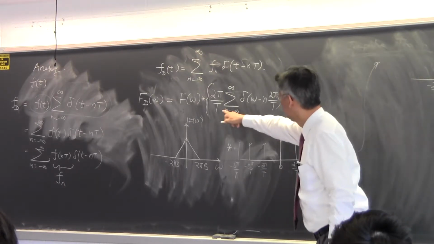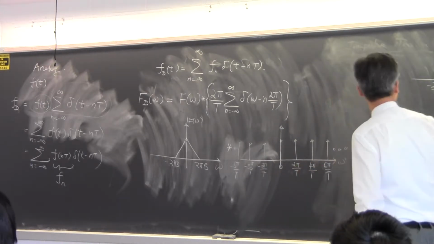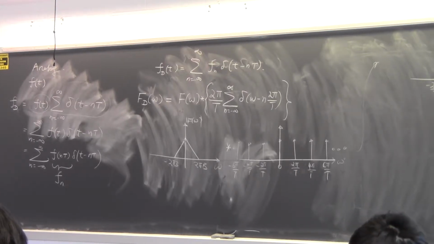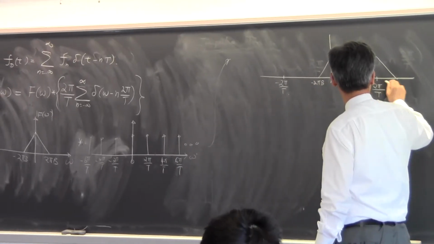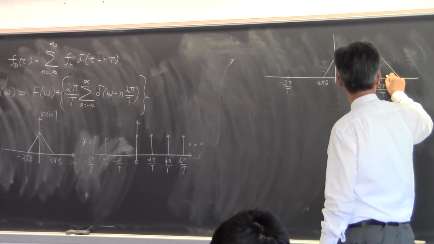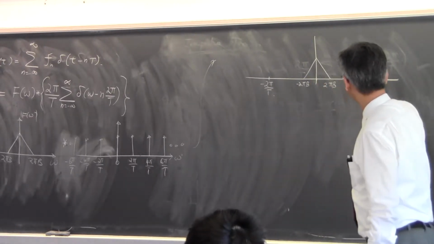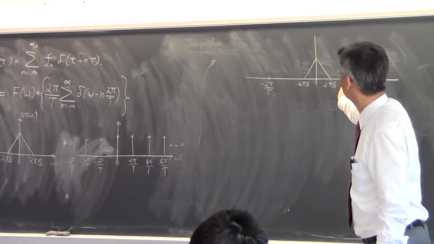If I convolve the function with this second impulse, what do I get over here? I get another triangle of the same shape, with plus 2 pi B on this side and minus 2 pi B on that side.